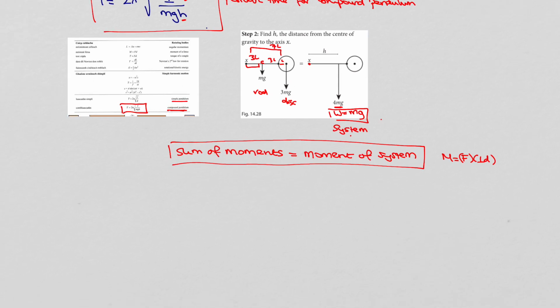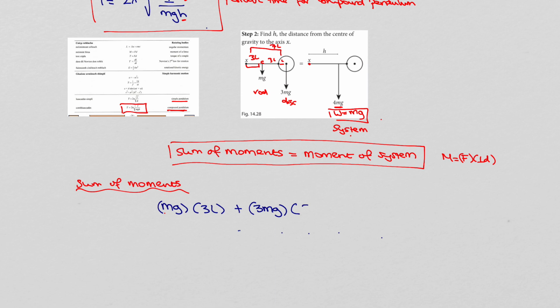So the sum of the moments, we do that one first. Well, it's going to be the force by perpendicular distance. So it's the rod, where the force is mg by the perpendicular distance of 3L, plus the disc, which has a force of 3mg by the perpendicular distance, which is 7L, and that must equal the moment of the system.